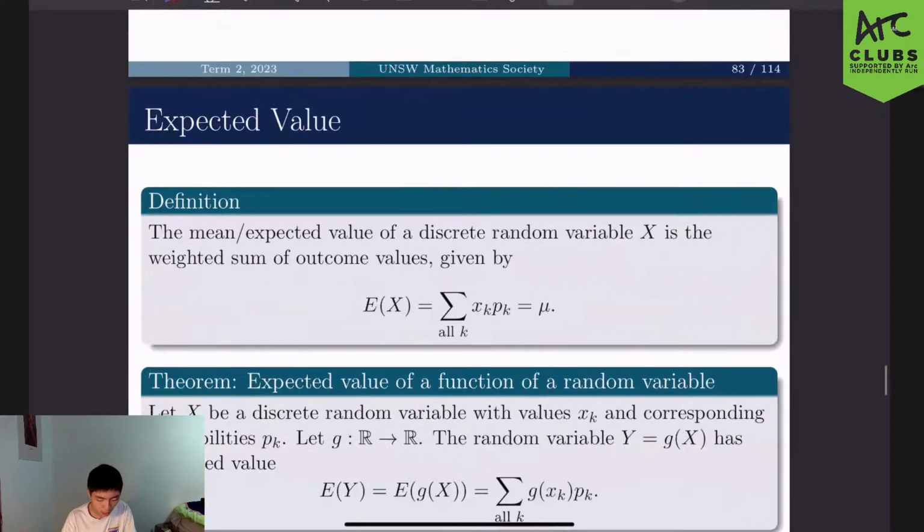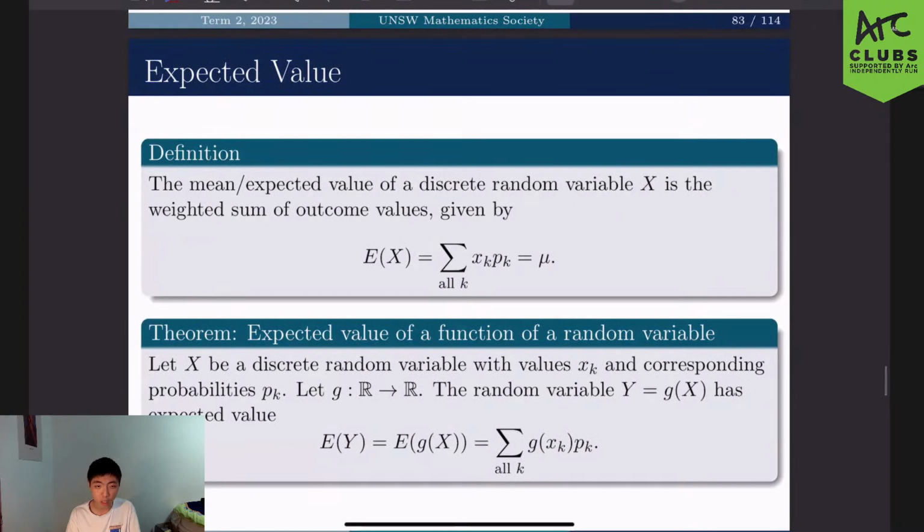Cool. Expected value. Here is the formula. What we're looking for is, if we have an infinite number of trials, what we'd expect as an average for each particular random variable is given by the x multiplied by the probability, and then we sum them together. So this is just a weighted sum.